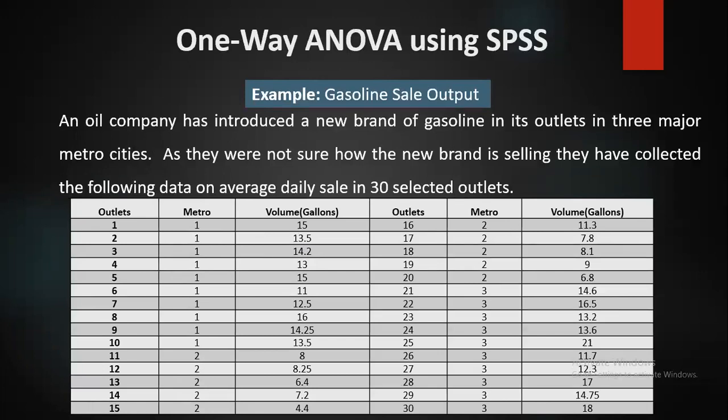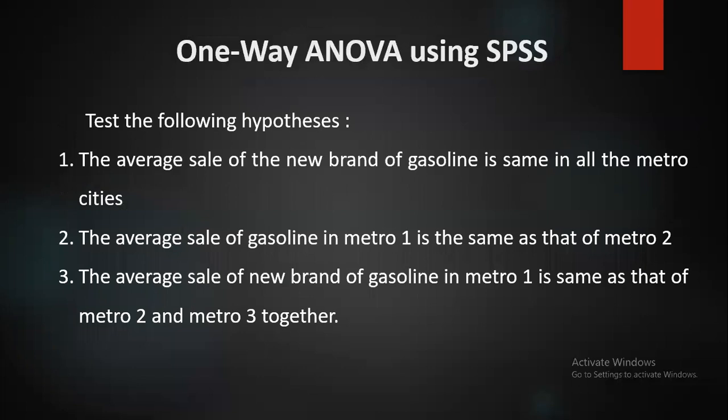So what are we going to test? We are going to test the hypotheses. Firstly, the average sale of new brand gasoline is the same in all the 3 metro cities. Next, the average sale of gasoline in Metro 1 is the same as that of Metro 2. Then, the average sale of new brand gasoline in Metro 1 is the same as that of Metro 2 and 3 together.